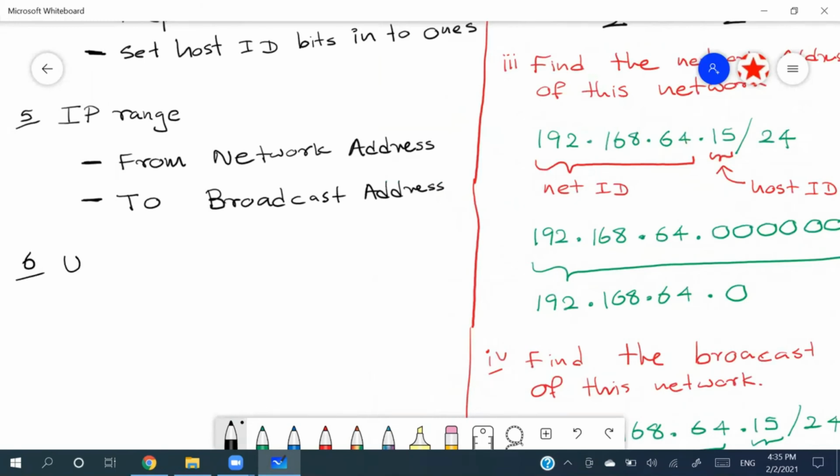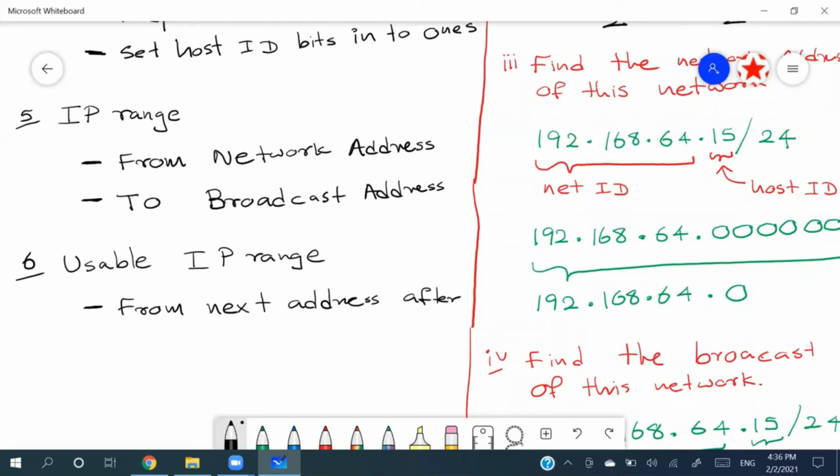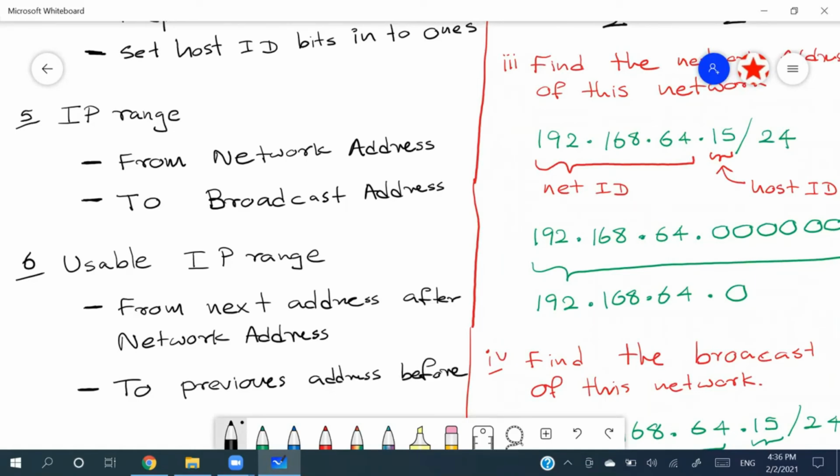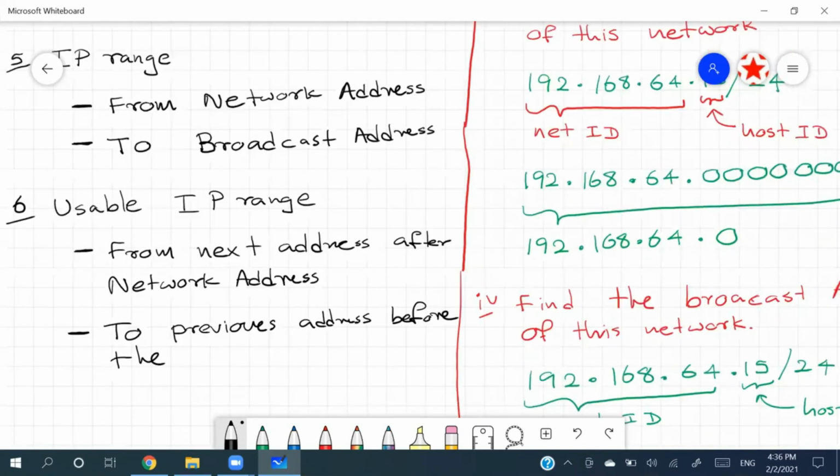So the usable IP range says from the next address after the network address to the previous address before the broadcast address.